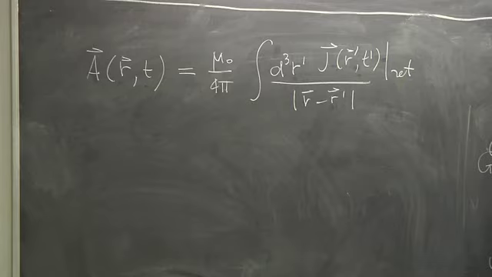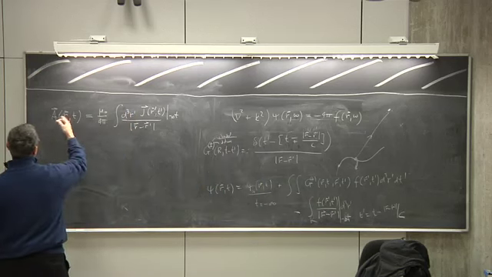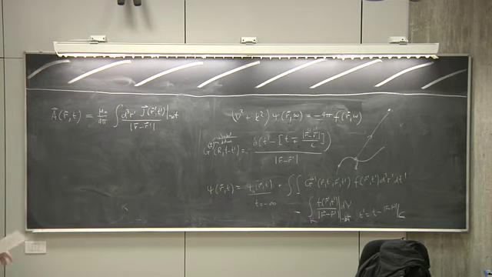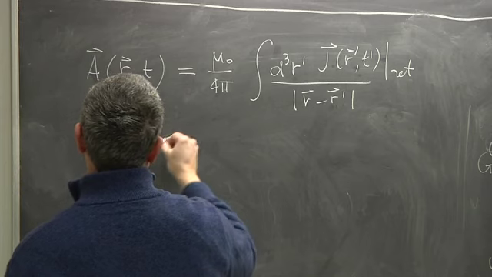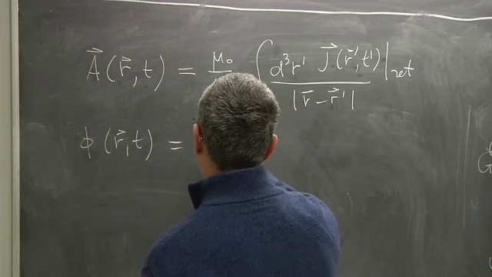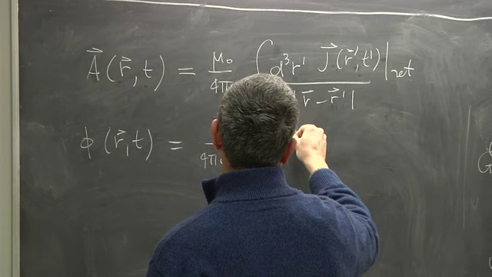So now I'm specifying the source, okay? So you have 3 components, you rebuild the vector potential. Then you take the curl, and you have your B field. Similarly, phi at space point R and T is 1 over 4 pi epsilon naught, the same thing, right?